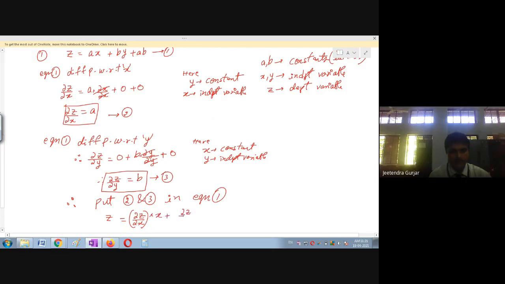It is dou z upon dou y, b into y plus, and in the last term you can see a and b are there, therefore this is dou z upon dou x into dou z upon dou y. So now this is how we have to substitute, eliminate a and b, and you just remember, we have the formulas.